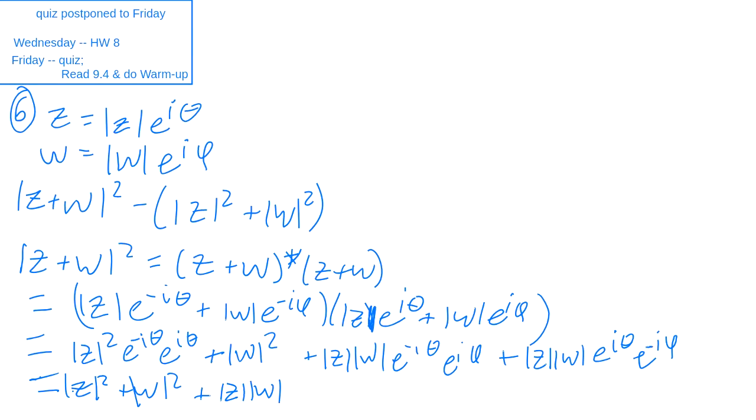So just notice right here, I had left off that minus sign there. So I'm going to write this out. When we add these together, we'll have e to the I, on one side, phi minus theta from the first term. And then from the second term, we'll have e to the I theta minus phi.